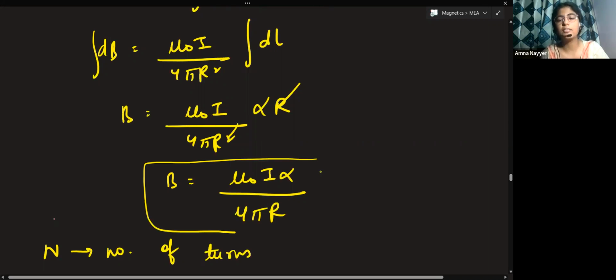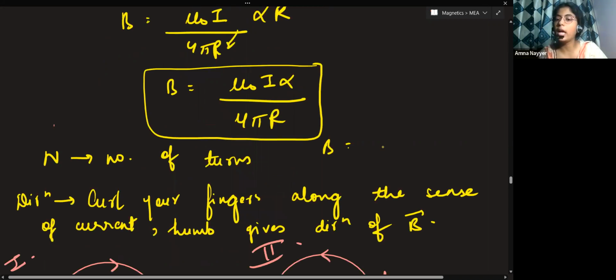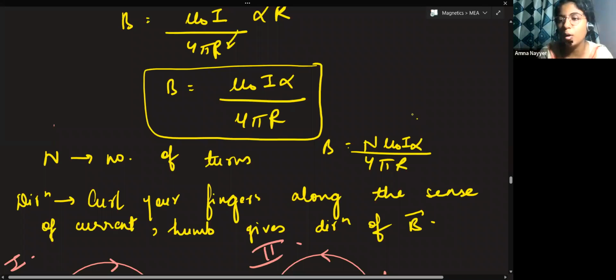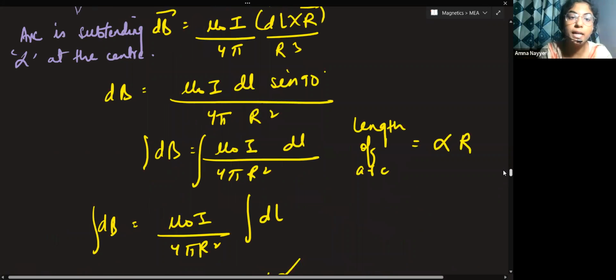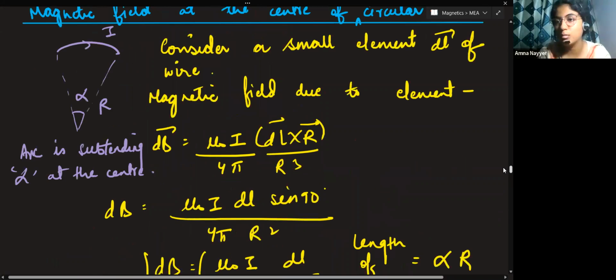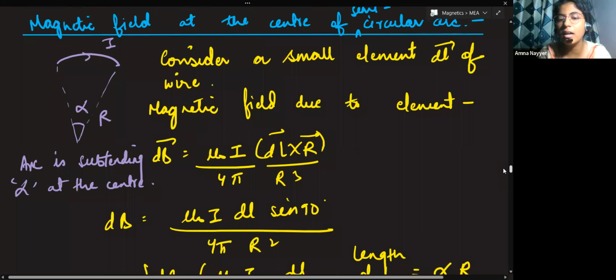This is a little different than the previous one. Here pi is included in the denominator. And for n number of turns, B will be equal to n mu naught I alpha divided by 4 pi r. Another derivation also completed in 3 to 4 seconds. But you people have to write it down because of the marks for derivations that come in your exam.